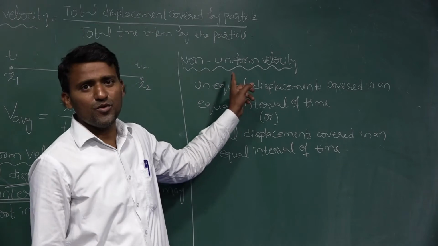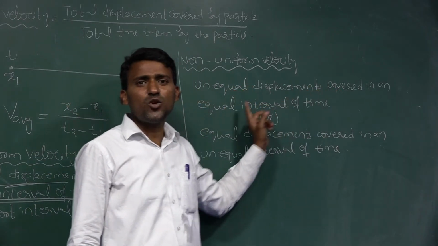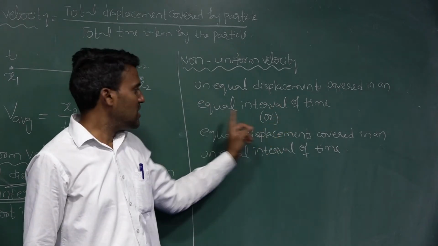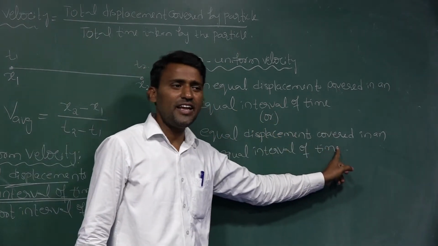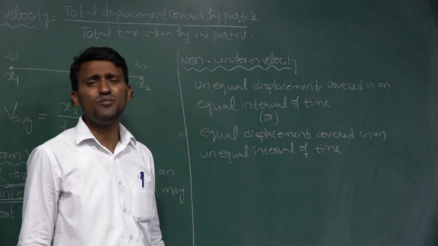So non-uniform velocity is unequal displacements covered in an equal interval of time, or equal displacements covered in an unequal interval of time.